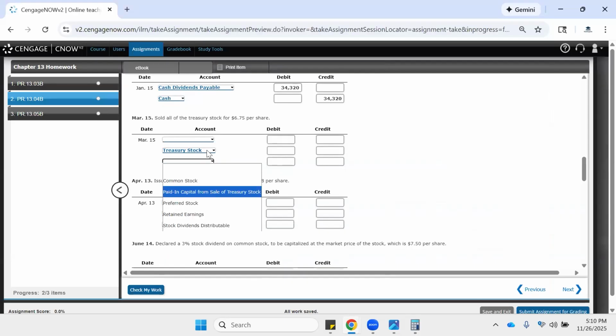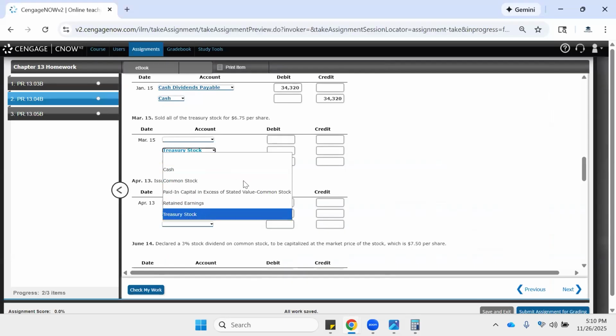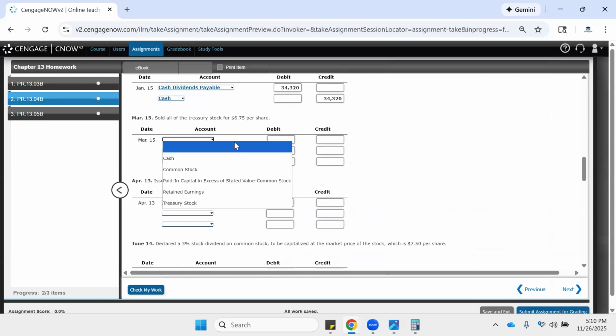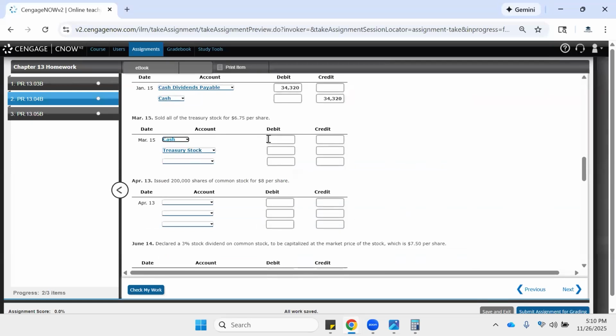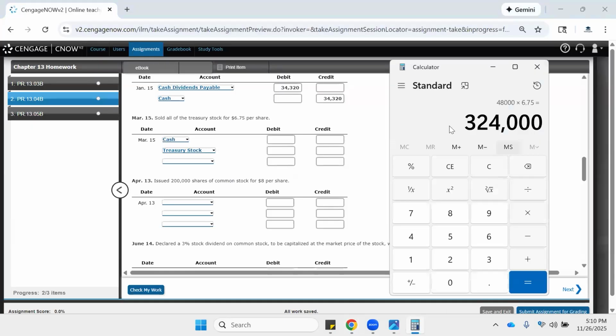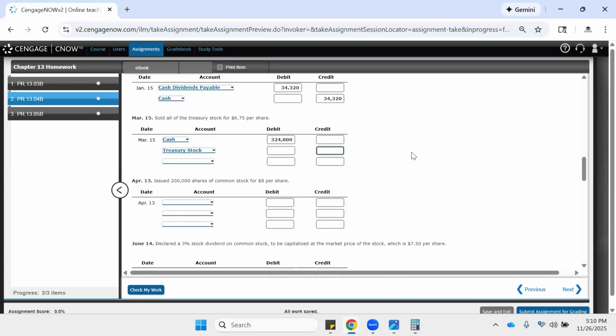And so we have to use the middle line of the journal entry for the treasury stock account. We're debiting cash for the amount that it was sold for, which is $324,000. And we credit treasury stock for $288,000 because that is the initial cost. We record sales of treasury stock at the initial cost.